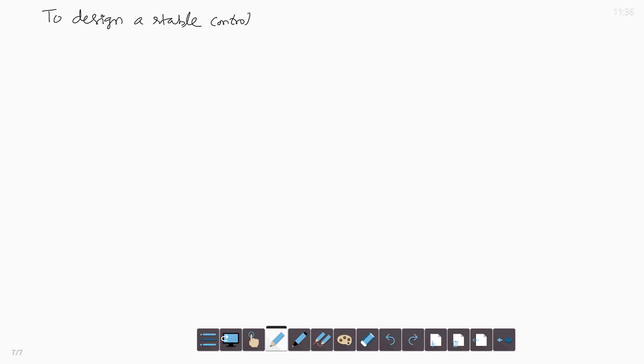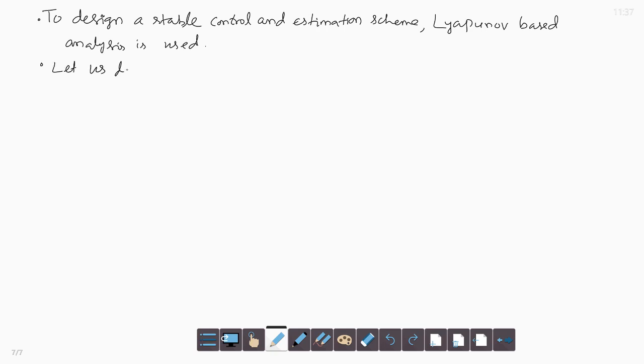To design a stable control and estimation scheme, Lyapunov-based analysis is done. So let us define a Lyapunov function.